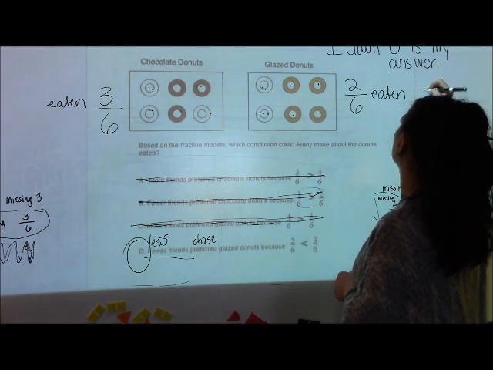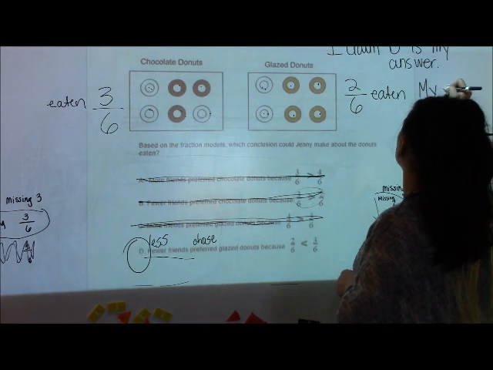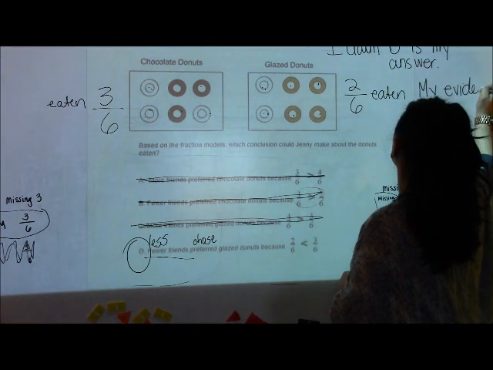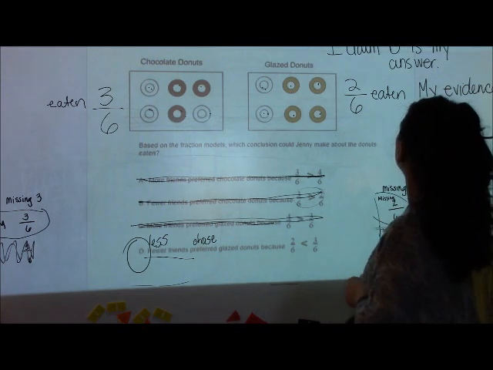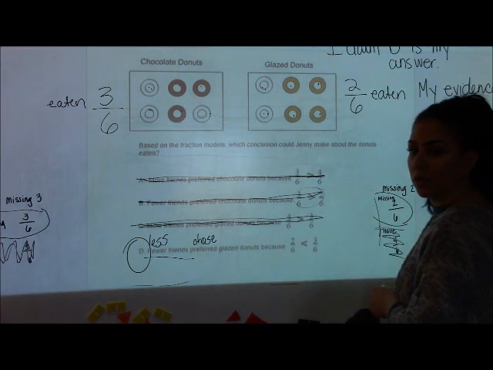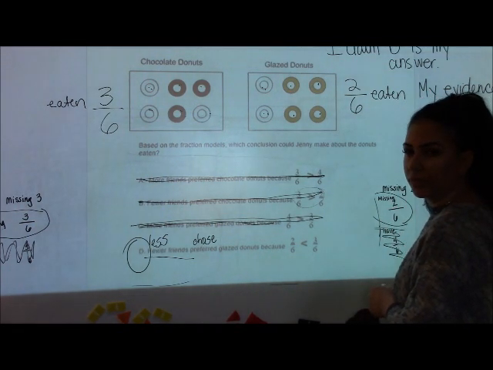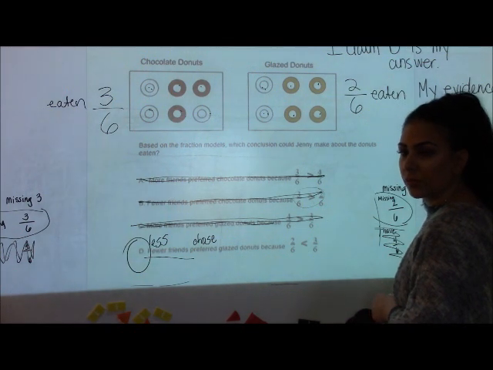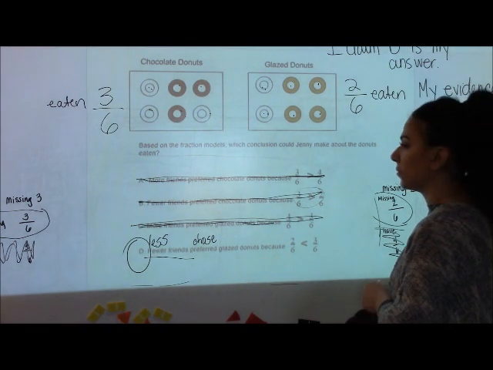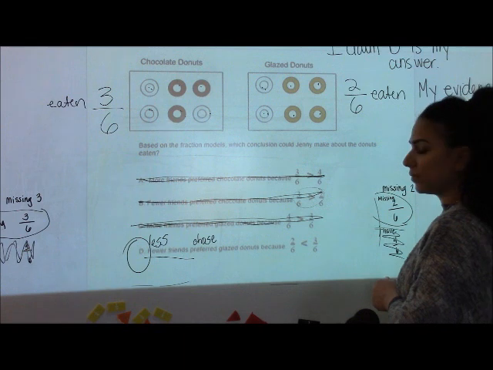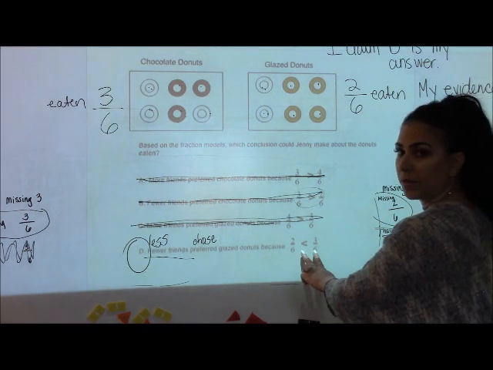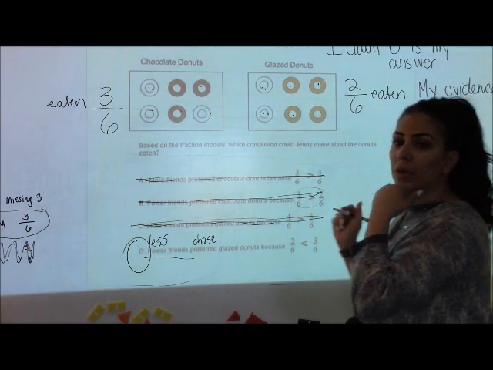My evidence is comparing fractions. Your evidence is comparing fractions. Tell me what that means to you. Where you're comparing fractions. Your comparison statement? Okay, can somebody also add to that?